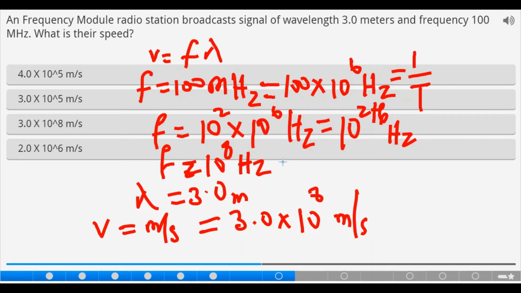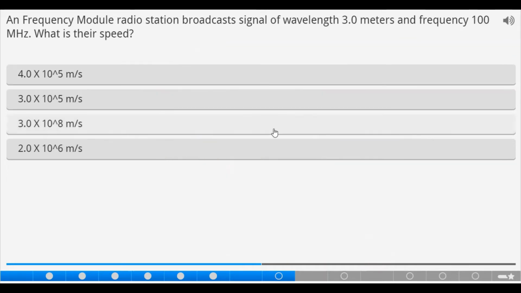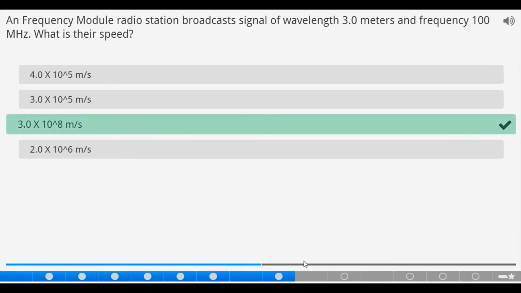That means hertz can be written as per seconds. So we have our V to be 3.0 times 10 raised to the power 8 meters per second as our final answer. We have it there. Let's pick it and check. That's correct.